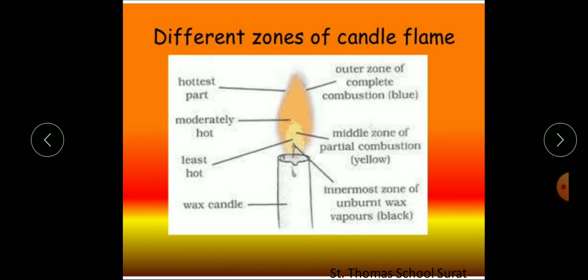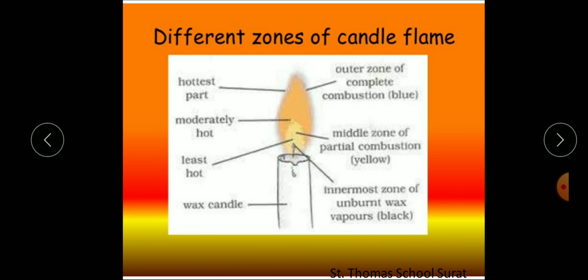Understood? Next is middle zone. This zone is bright yellow and luminous. It is less hot than the outer zone. It is moderately hot, means less hot.